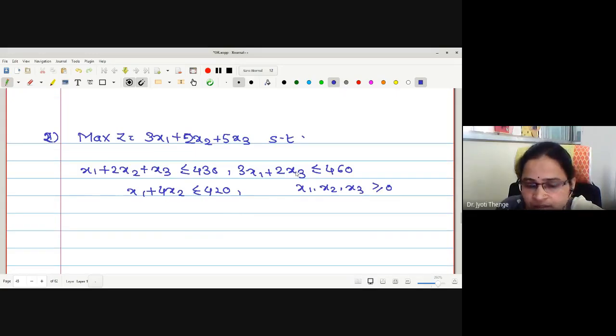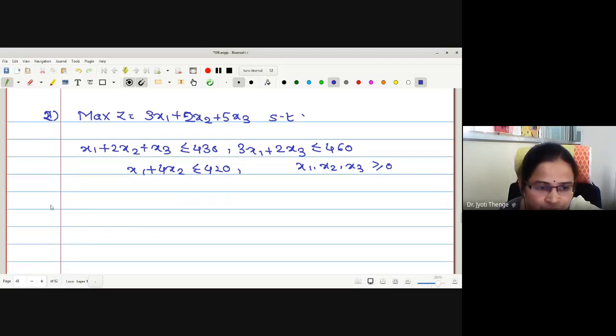Remember, in the second constraint, x2 is absent, therefore you have to keep the coefficient 0. Here x3 is absent, therefore you have to keep the coefficient 0.